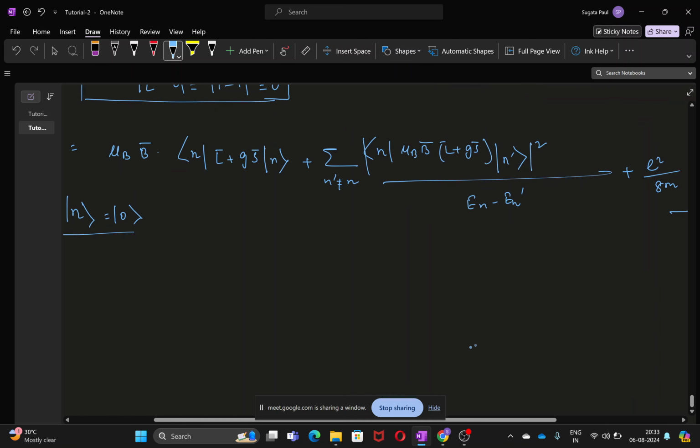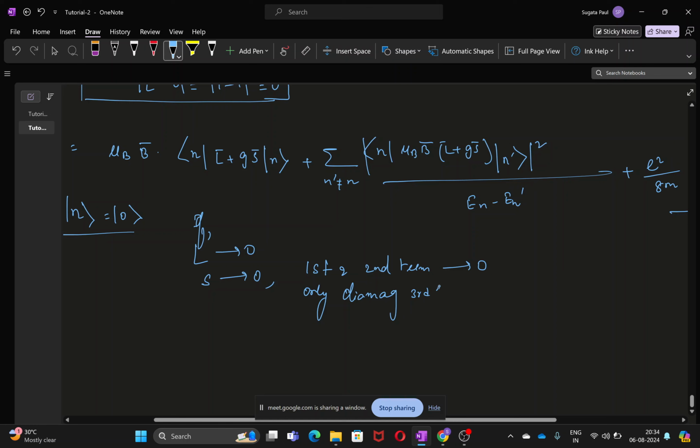And when the other two terms go to 0, basically when your L goes to 0 and S goes to 0, then obviously the first term goes to 0 and the second term also has this term. So this whole term, first and second, goes to 0. First and second terms are 0. So only the diamagnetic third term dominates.